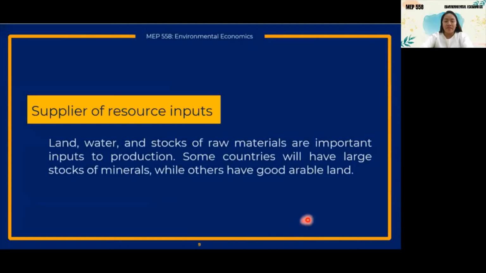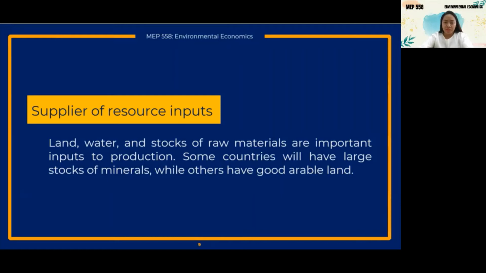Land, water, and other raw materials are important inputs to any production. These resources frequently vary between countries, and this will affect the country's economy. Some countries have large stocks of minerals, while others have good arable land.